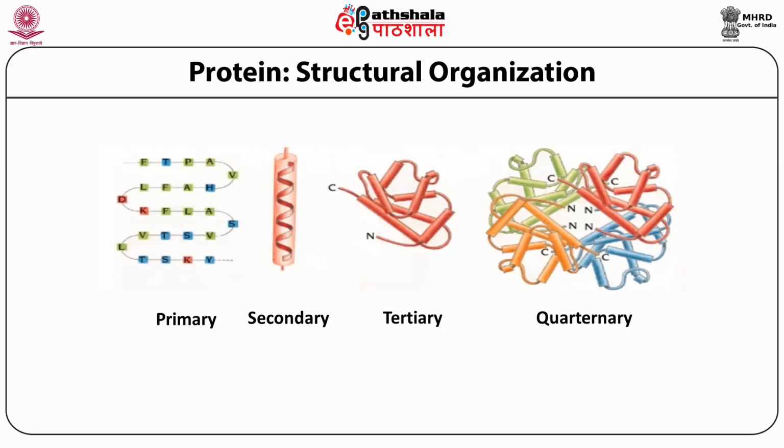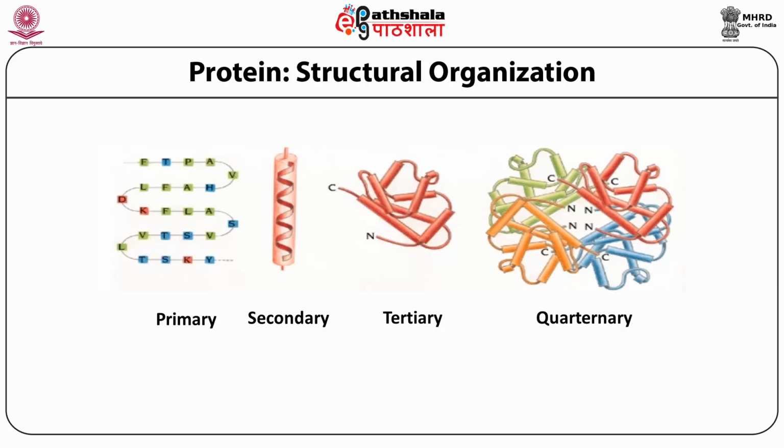The carboxyl group, the amine group and the side chain and a single hydrogen atom are all bound to a central carbon atom called as the alpha carbon. Broadly, 4 different levels of structural organization is found in proteins. They are the primary, secondary, tertiary and the quaternary structure.